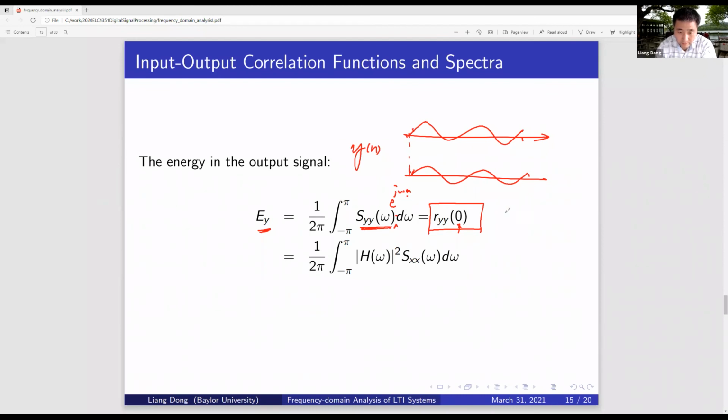That's also coming from this power spectrum, or energy spectrum in this case, and this autocorrelation function. That's a Fourier transform pair. Okay, we can also write this in this format. If I'm using the spectrum of the input signal x, and then I just have this term here.